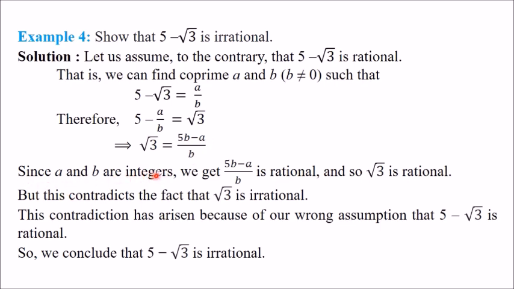Since a and b are integers, we get (5b minus a) by b is rational, and so root 3 is rational. But this contradicts the fact that root 3 is irrational. This contradiction has arisen because of our wrong assumption that 5 minus root 3 is rational. So we conclude that 5 minus root 3 is irrational.